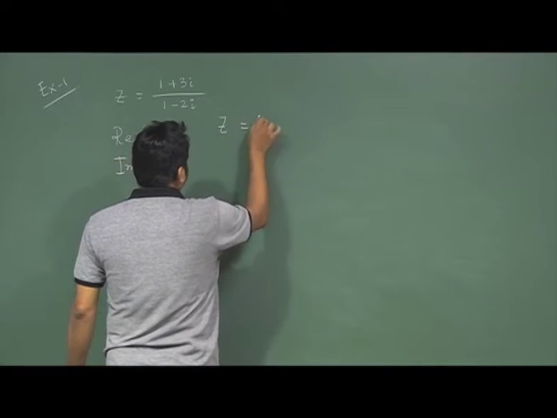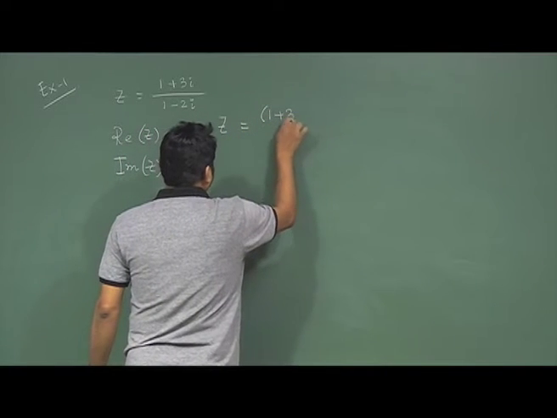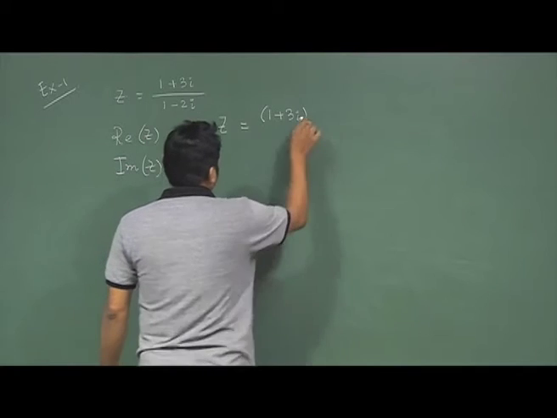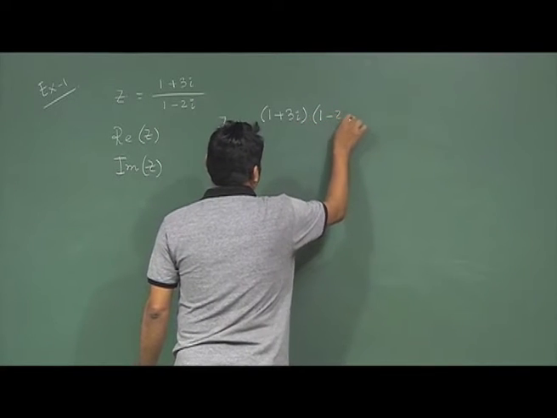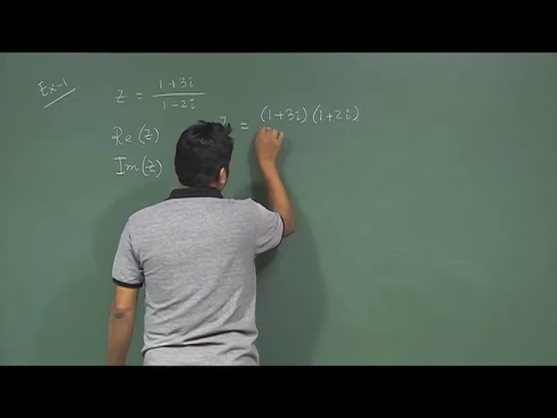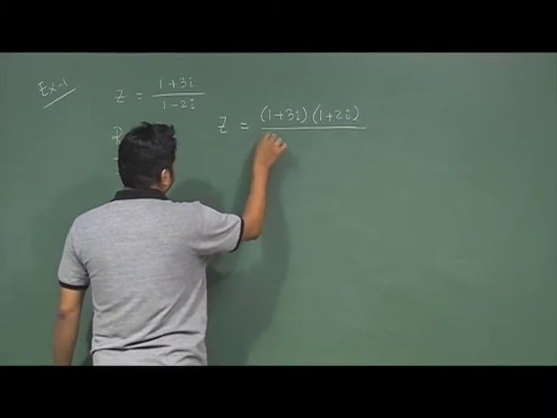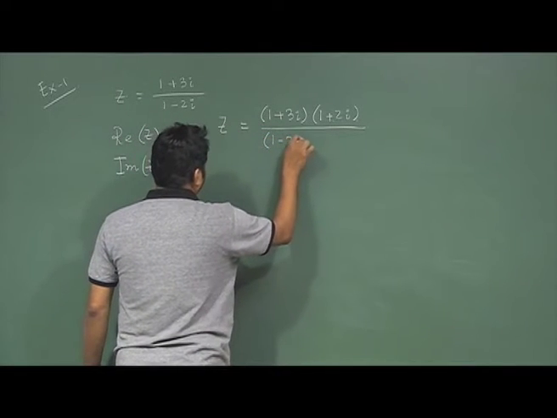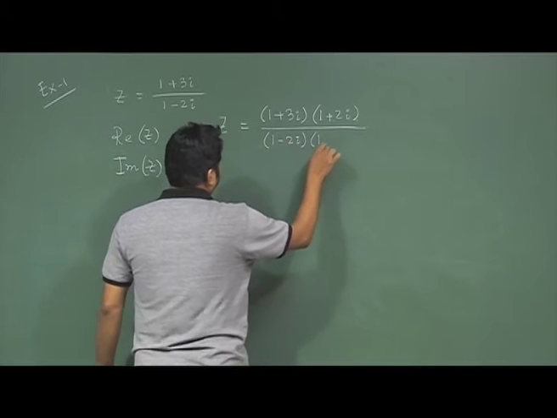So z can be represented as 1 plus 3i multiplied by 1 plus 2i, the complex conjugate, and the denominator is 1 minus 2i times 1 plus 2i.